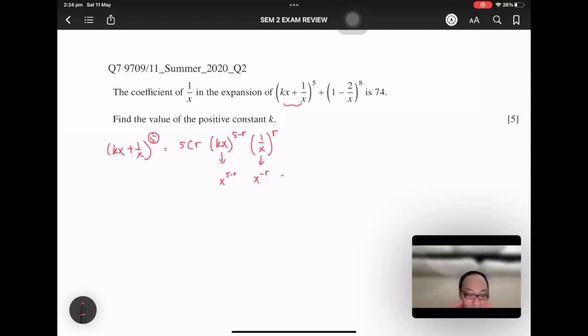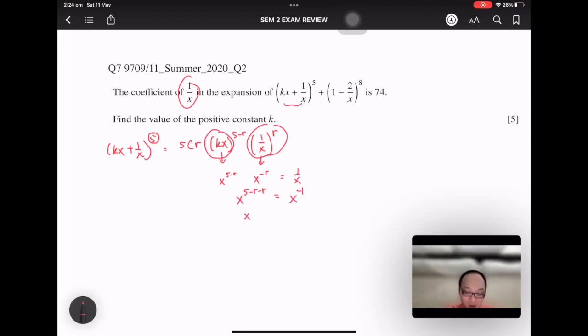So we make it equal to 1 over x. Since we are finding the coefficient of 1 over x, we try to find the term that contains 1 over x from the two parts that contain x. So we can combine them: x to the power of 5 minus r equals x to the power of negative 1, because 1 over x is x to the power of negative 1.